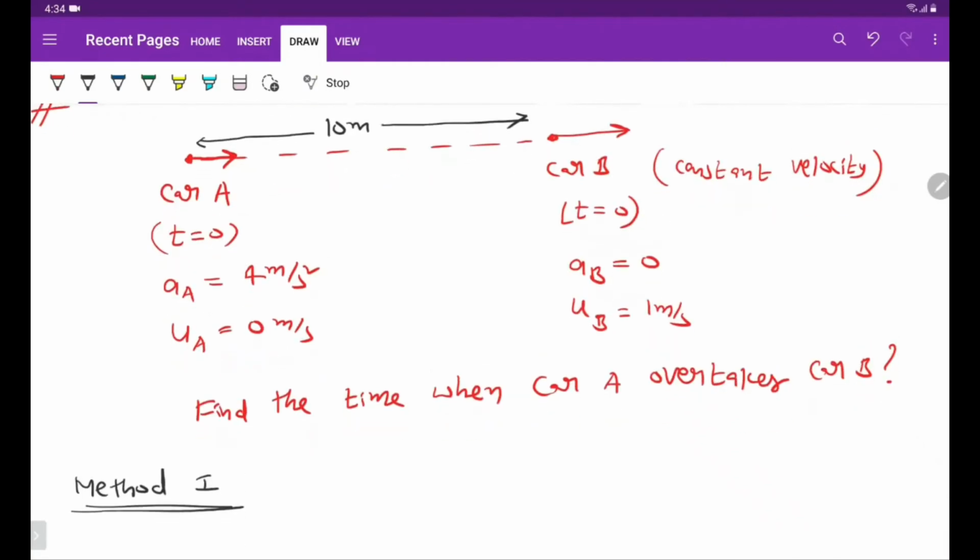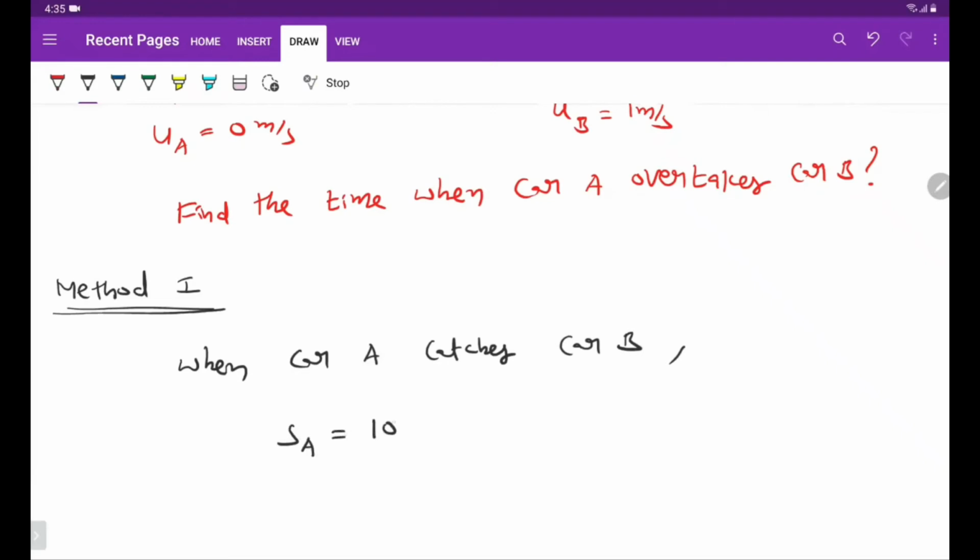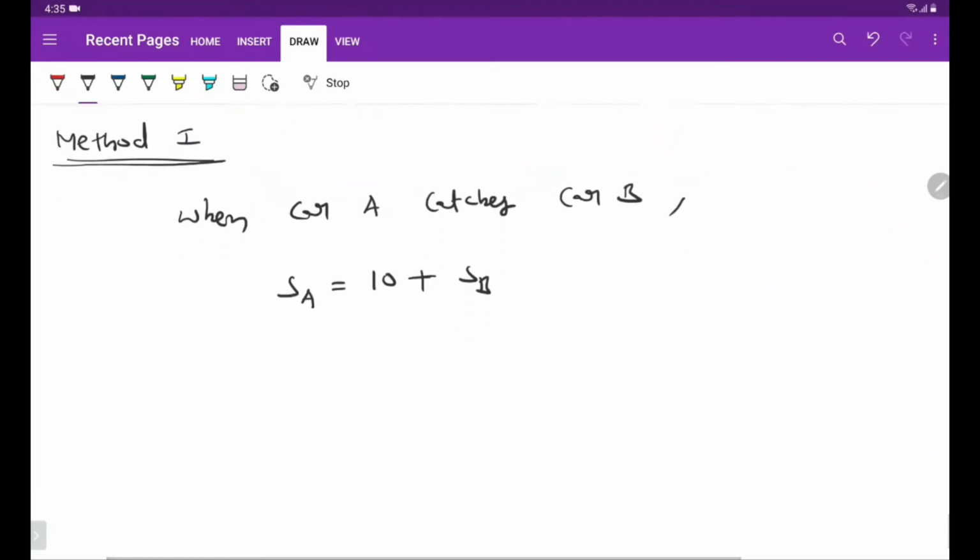Here the distance between car A and car B is 10 meters. So when car A catches car B, we can write that the distance traveled by car A is equal to 10 plus the distance traveled by car B. We can write this because initially, suppose this is car A and this is car B, the gap between car A and car B is 10 meters.